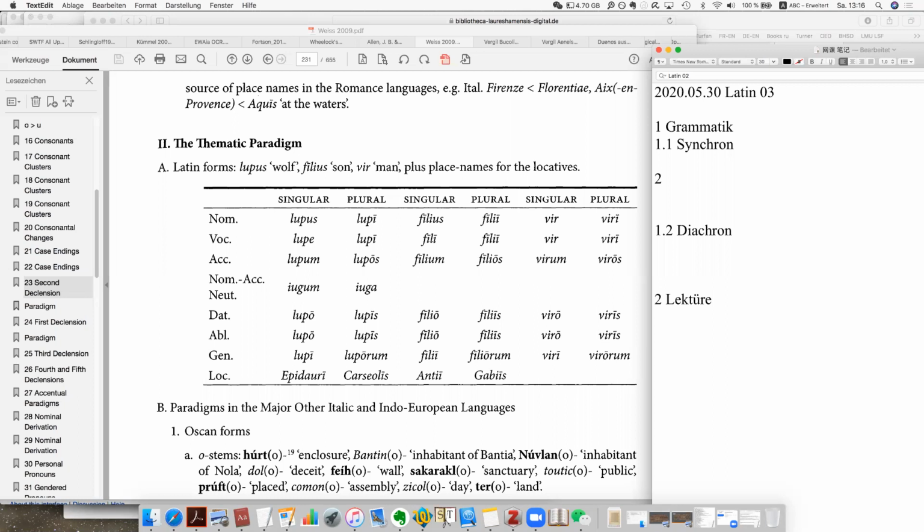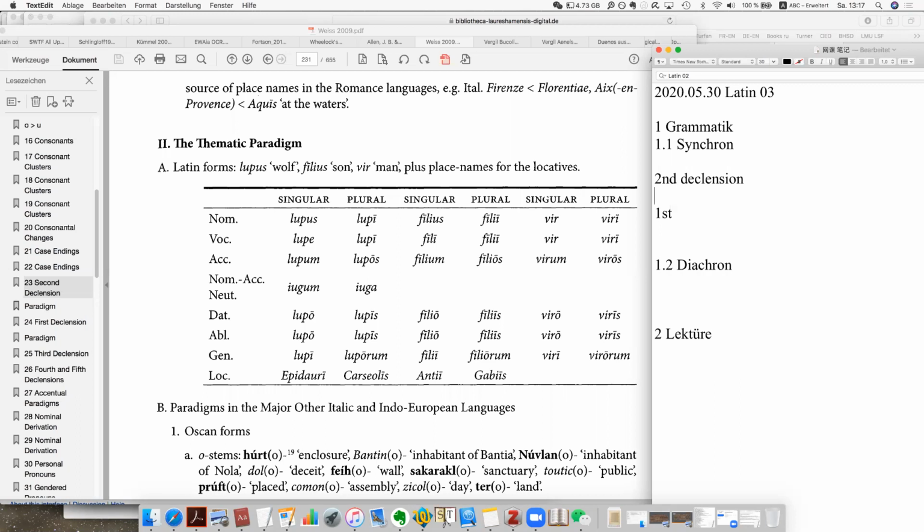The first one is the second declension. I know it's a little bit weird, but we first talk about the second declension. I really don't know why it is called the second declension. Perhaps someone familiar with traditional Latin grammar can tell us why.